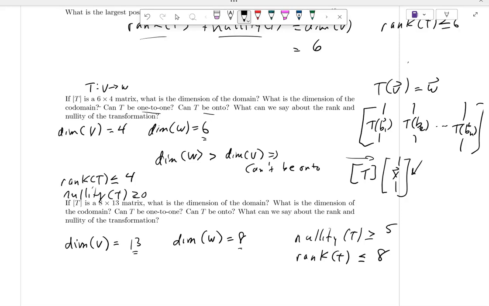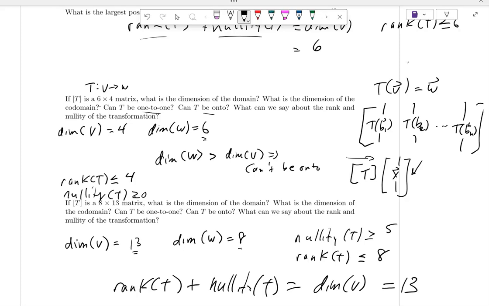If your rank's less than or equal to 8, and your domain has dimension 13, then your nullity has to be at least 5. Remember, the rank plus the nullity has to be the dimension of the input, right? Rank of the transformation plus the nullity of the transformation has to be the dimension of your input, which in this case is 13.